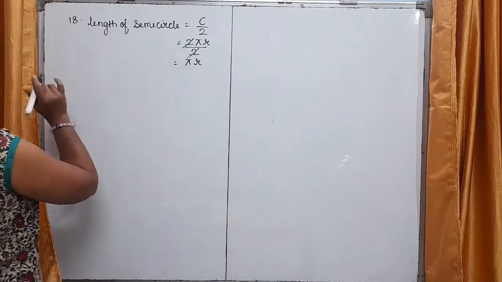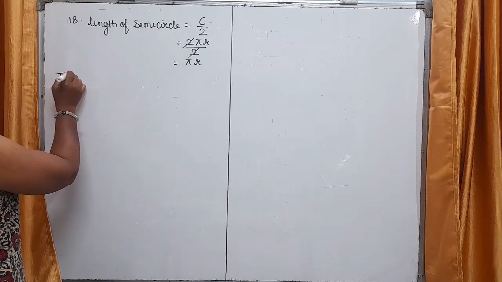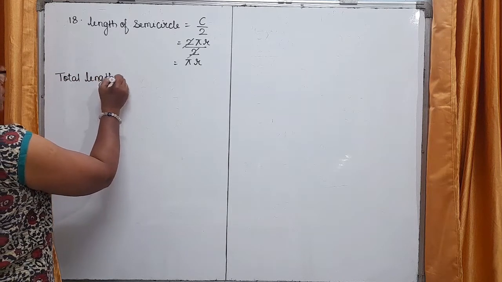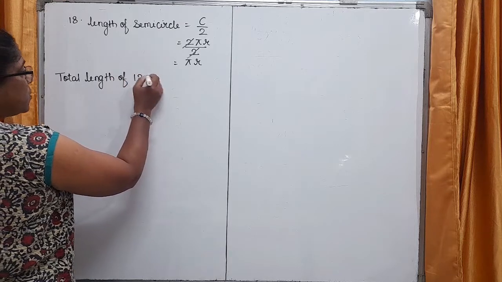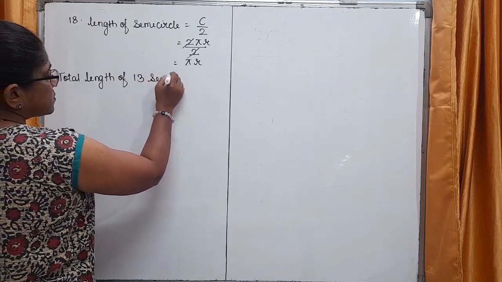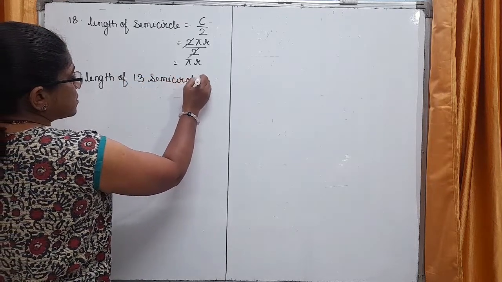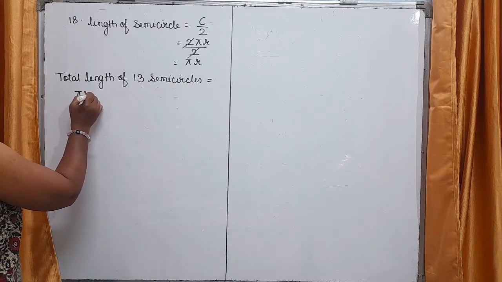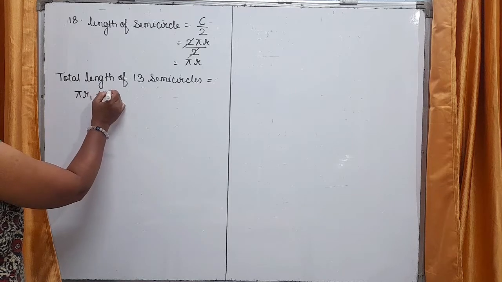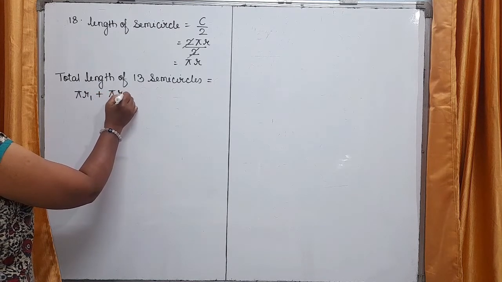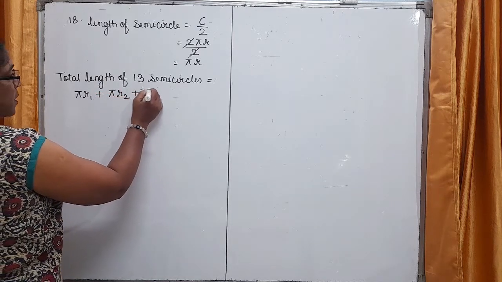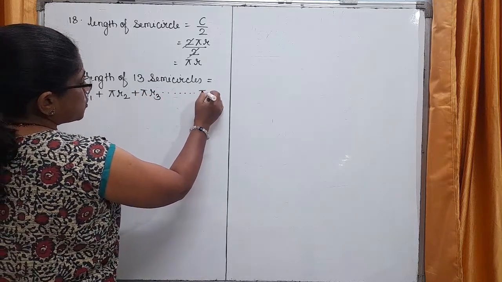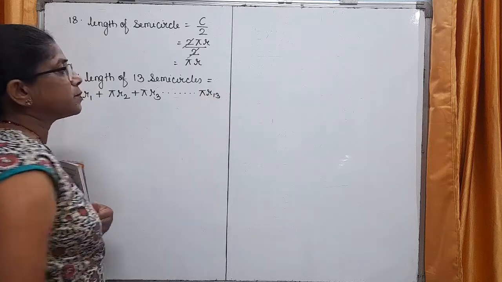So here the total length of 13 semicircles is going to be pi r1 plus pi r2 plus pi r3 and so on up to pi r13.